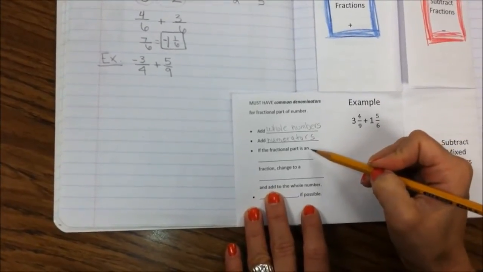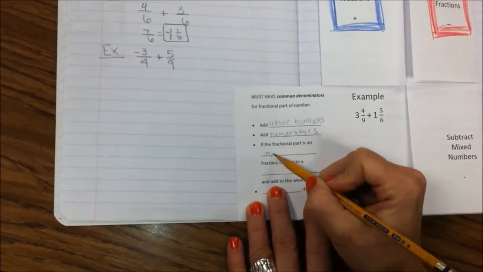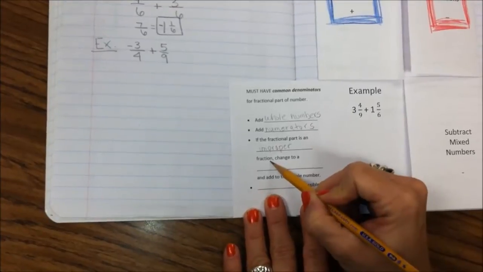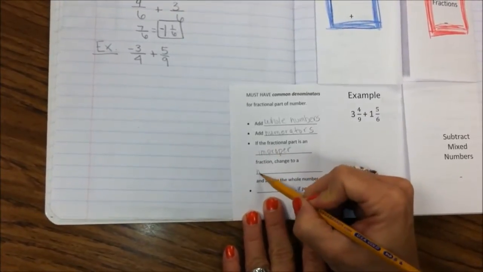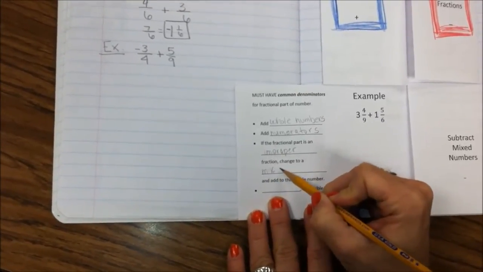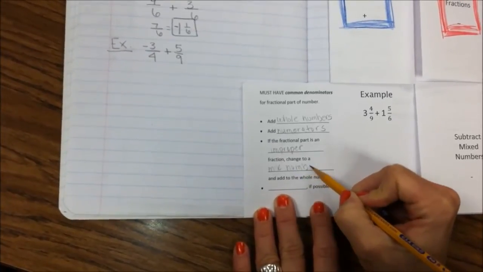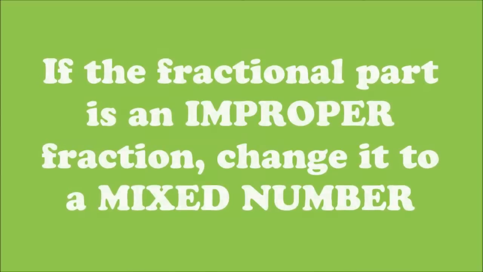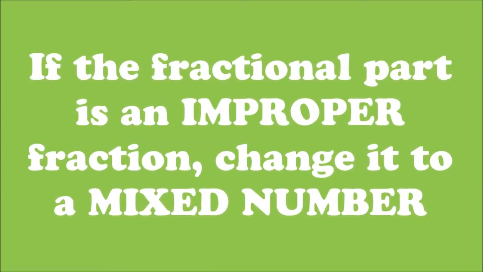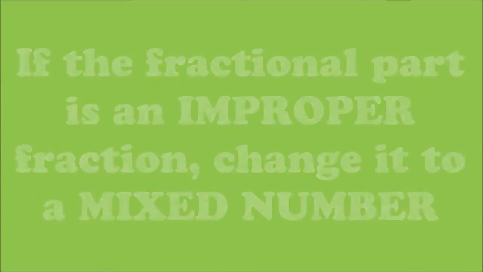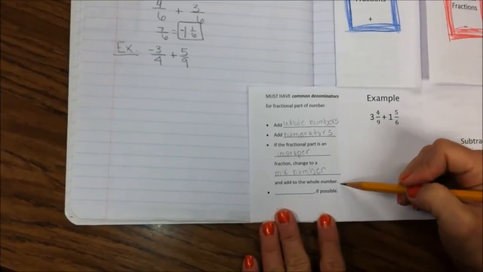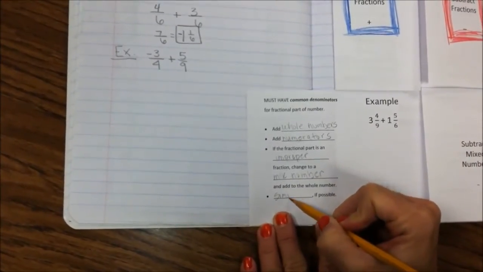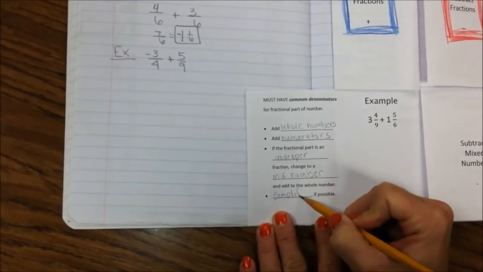If the fractional part is an improper fraction, you're going to change it to a mixed number, and then add the whole number, and then simplify if needed. And I'll explain all of this through the problem.